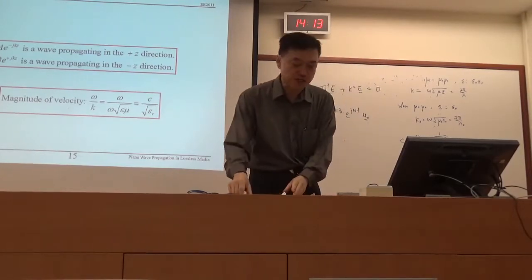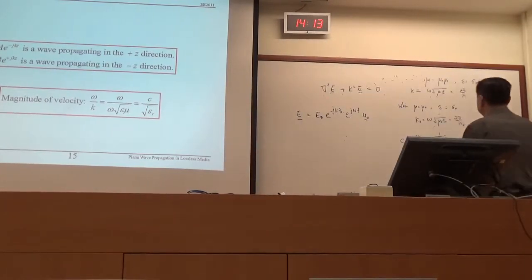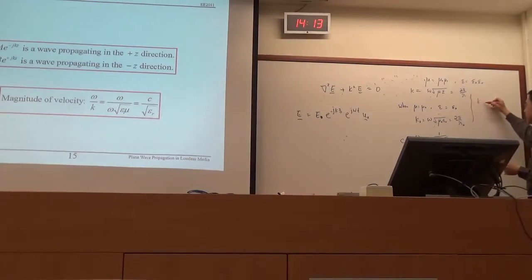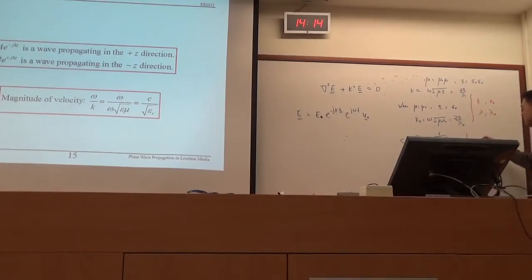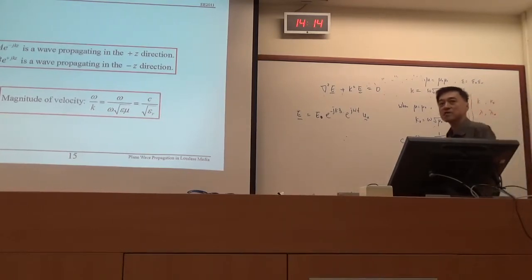The relationships between k and k0, λ and λ0, c and v should be very clear from here. What is the relationship between k and k0? What is the relationship between λ and λ0? What is the relationship between v and c? But never mind, let me write it for you. v is equal to c over √(μr εr).